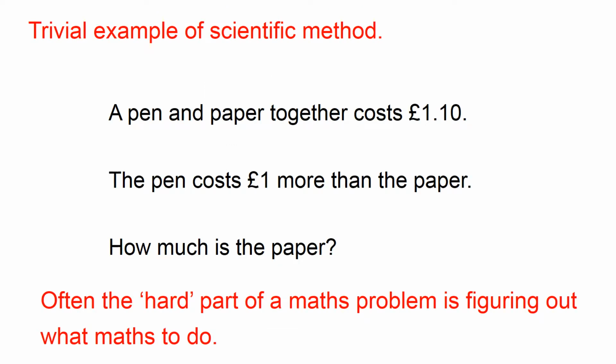But before we go on to the model part of the scientific method, I thought I'd do the most basic example it can get. This is also one of the hardest parts of maths and science: figuring out, from a question that's written out in words, what kind of maths you're going to have to do.